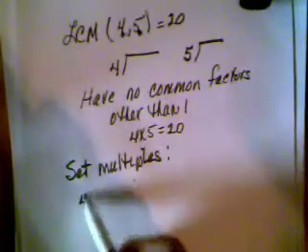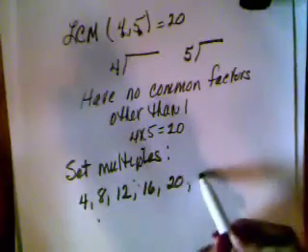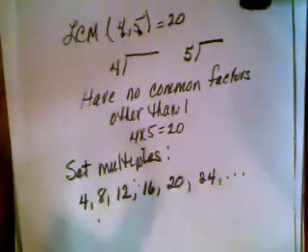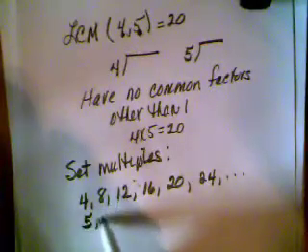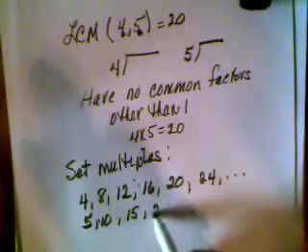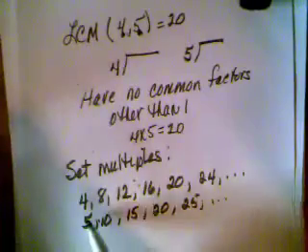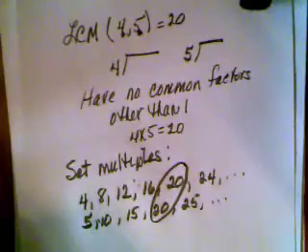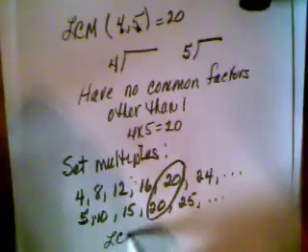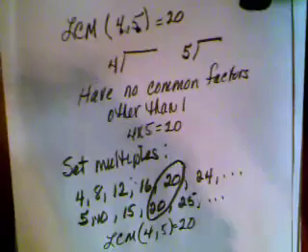So if I write 4, 8, 12, 16, 20, 24 on to infinity, and I write the multiples of 5, 10, 15, 20, 25 on to infinity, the first time that they share a number, that's the least common multiple. So the least common multiple for 4 and 5 would be 20.